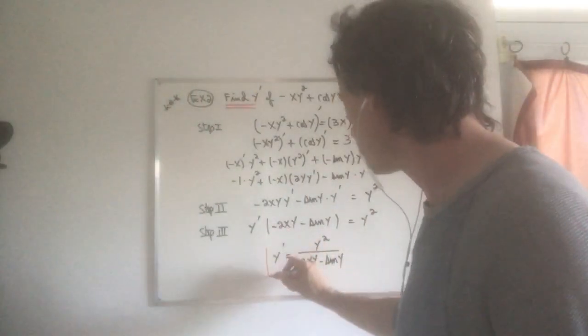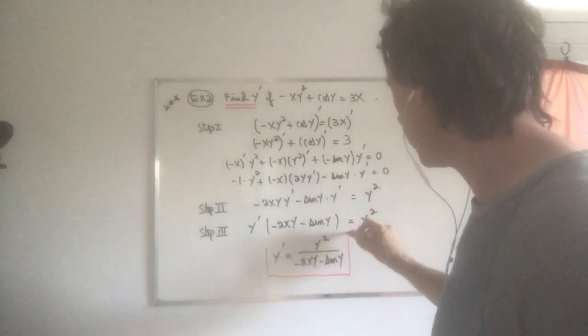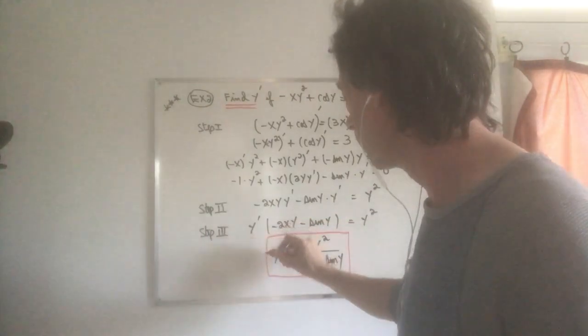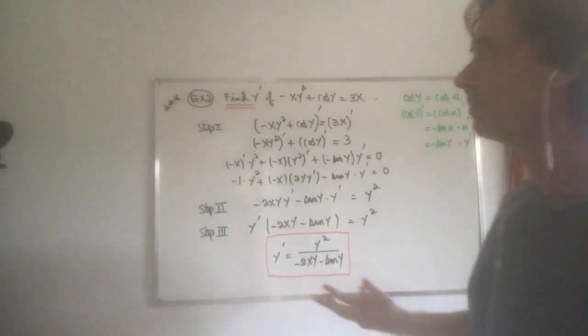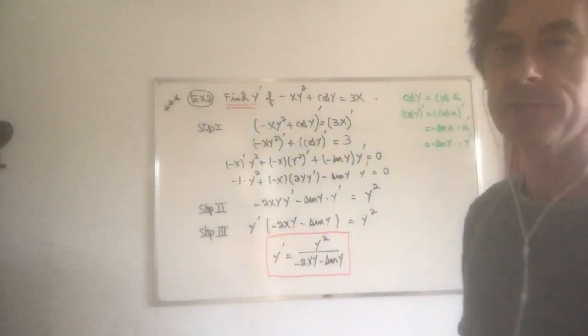That is my final answer. This is the answer I want to give in. Looks weird with all the x's and y's on the right side, but it is the correct answer.